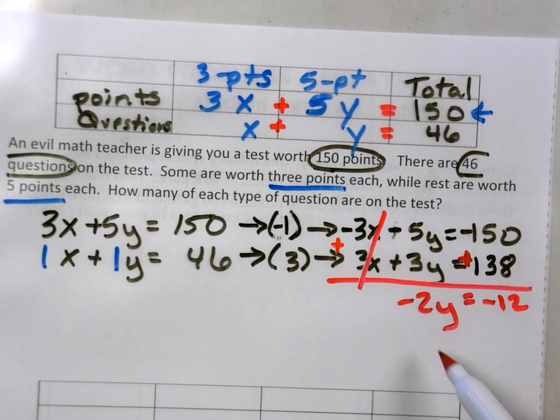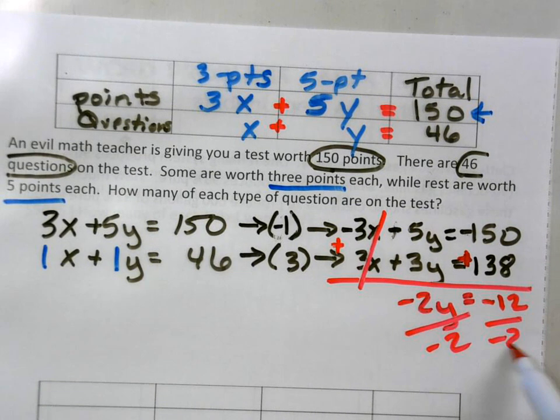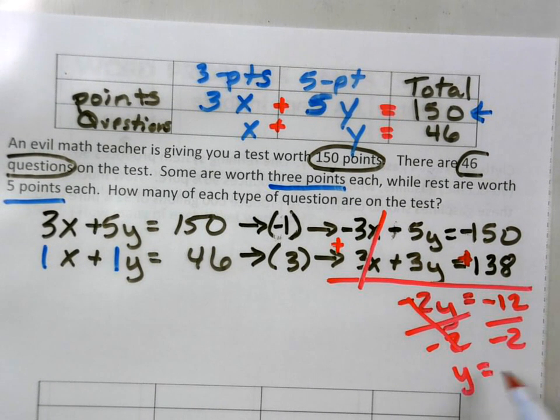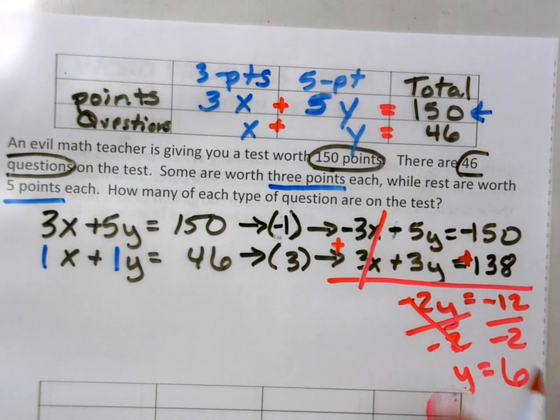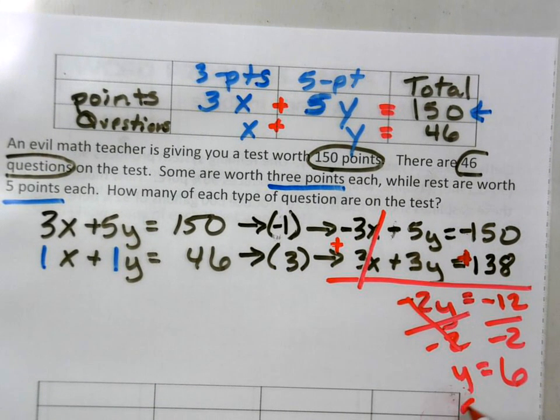Okay. And then what are we going to do? Divide by negative 2. And y equals 6. So what is the y representing? A 5-point problem. So we have 6 5-point problems.